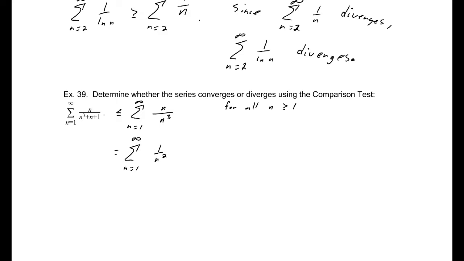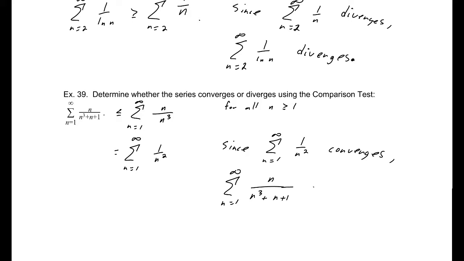I can cancel that. Now, because that's true always, since the series n equals 1 to infinity of 1 over n squared converges, that means that the sum from n equals 1 to infinity of n over n cubed plus n plus 1 converges, because term by term, it is less than or equal to what we have now determined converges.